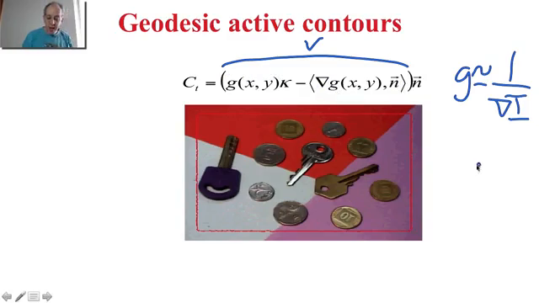Now, we never have ideal shapes. So this derivative of g, remember, g is 1 over the derivative of the image, for example, the gradient, or any other type of function. You take another derivative of that to make that stopping term even stronger, so that even when there are no perfect edges, this will not be 0.